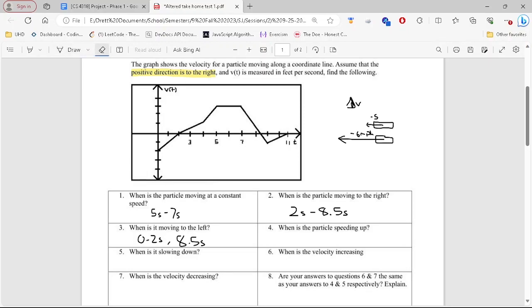But if the speed, let's take the speed. Okay, if the acceleration and the velocity have the same sign, this is speeding up. If they're both positive, they're both speeding up. Because if you think about it, if you're going backwards and your acceleration is negative, you're going to be moving faster but backwards.